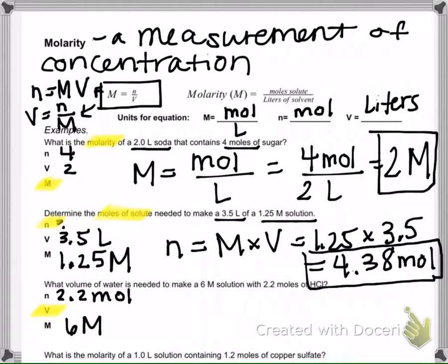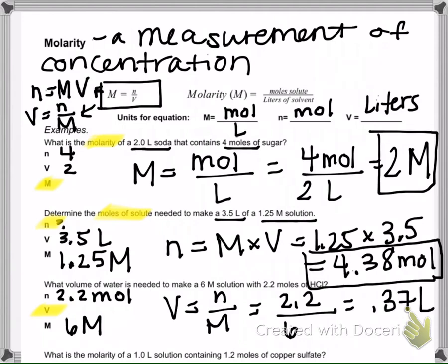Remember, molarity is the concentration. So if I'm looking for volume, volume is just going to be the number of moles over M, and therefore that's going to be 2.2 over 6, which will equal 0.37 liters.